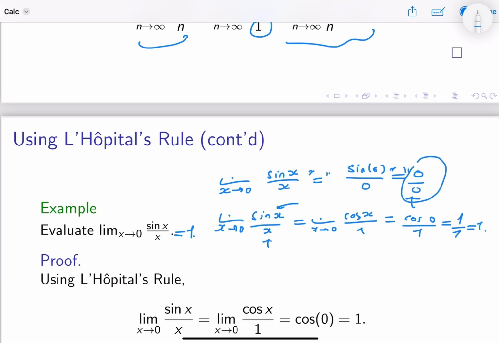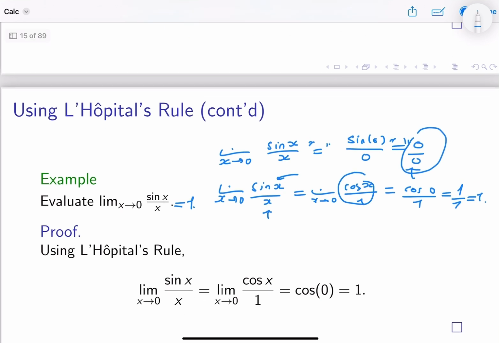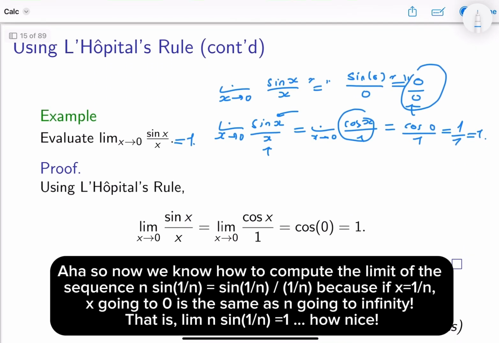I stress here, it wasn't clear immediately. It wasn't clear initially that this thing is 1. If you haven't used L'Hopital's rule, it's not clear why it is actually 1. So here's a cleaner solution. You want the limit of this, you take the derivative because it has the form 0 over 0.